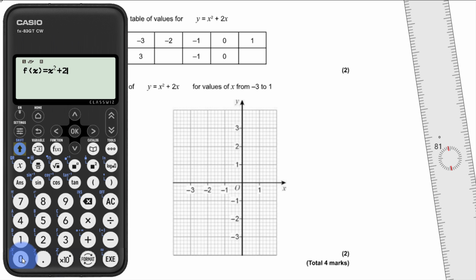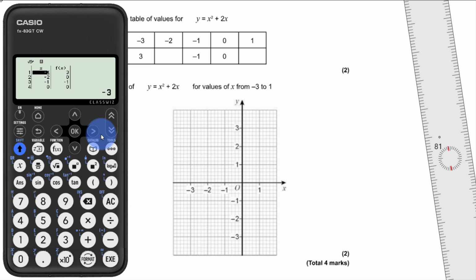Okay, that's my function typed in. Next thing I need to do is put the range in that we're going to be using. This time we're going to go from -3 to 1, going up in ones. That gives me my table of values.